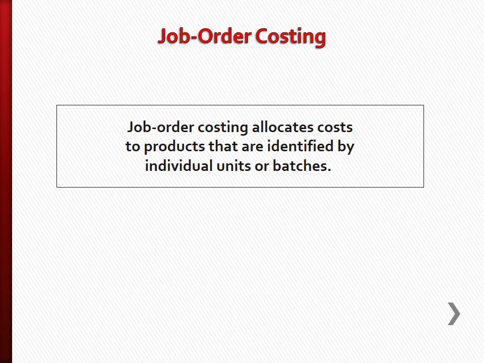Job order costing allocates cost to products that are identified by individual units or batches. In the case of Wheeled Coaches, that company uses a job costing system to track the cost associated in producing each and every wheeled coach.